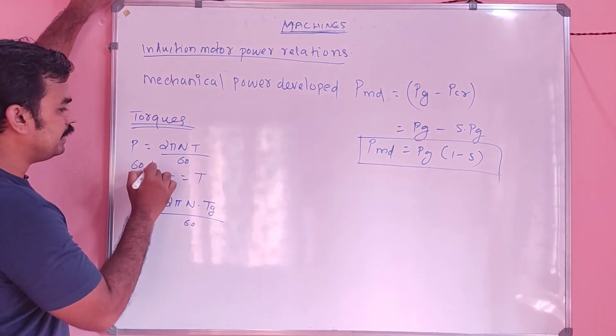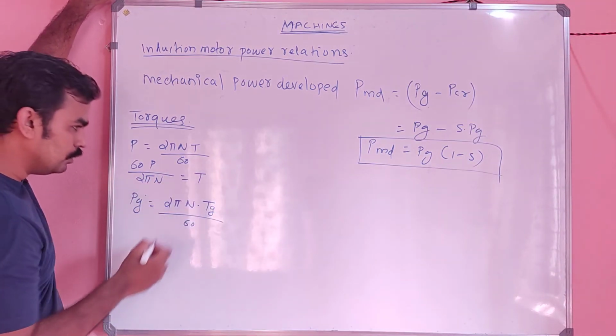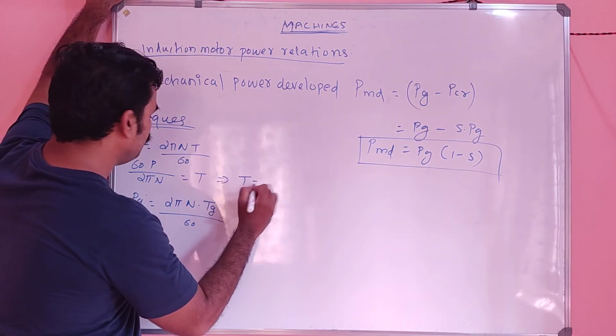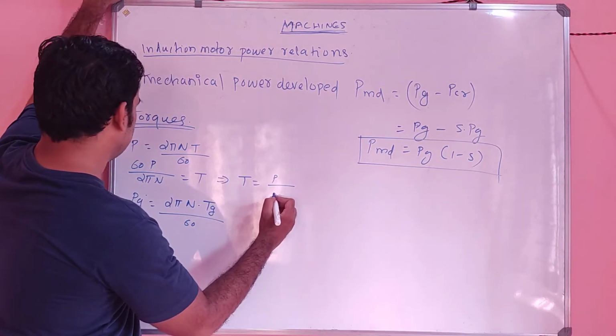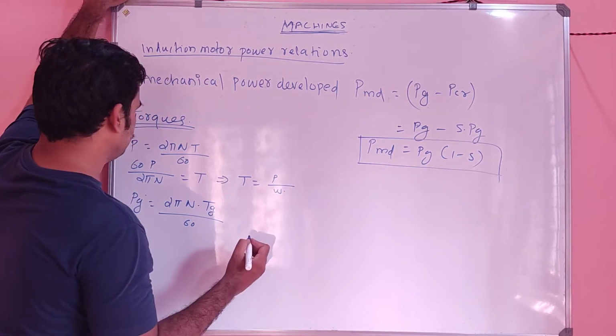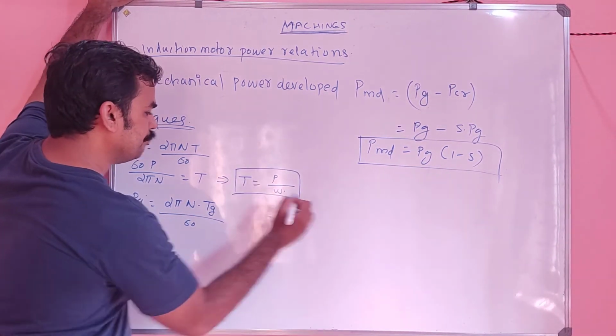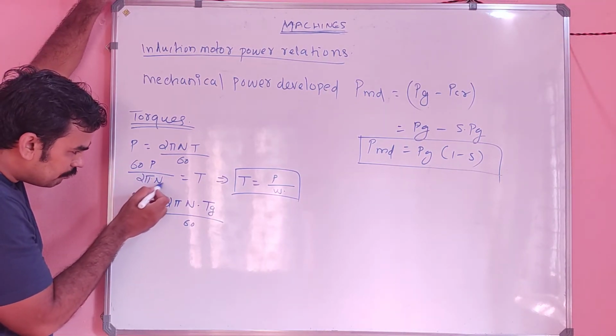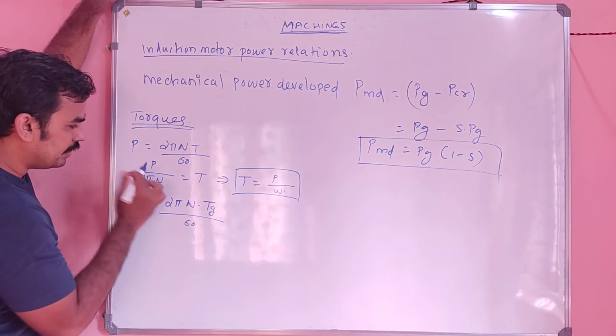So 60 into P divided by 2 pi N is equal to T, or I can say that T will be equal to P divided by omega, correct? Because this can be written like P divided by 2 pi N by 60.